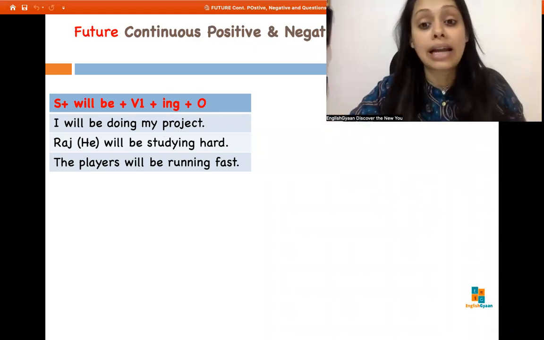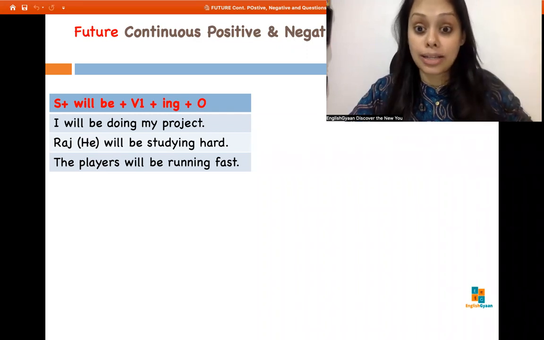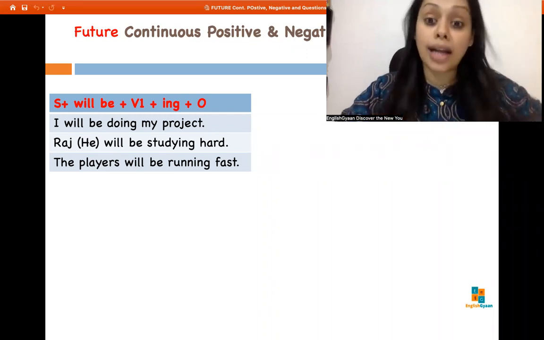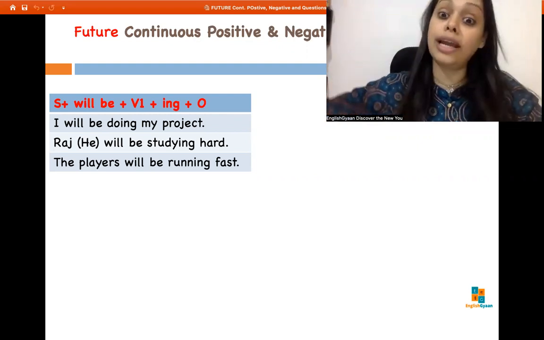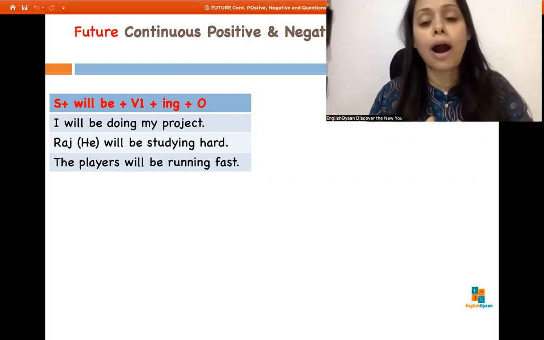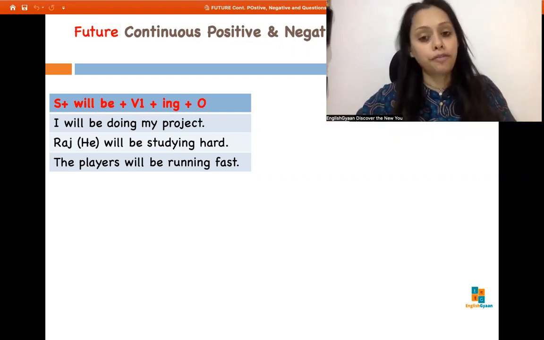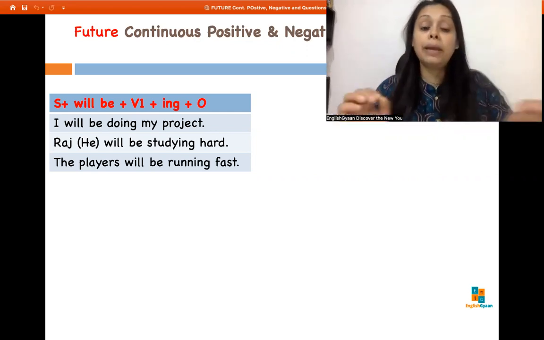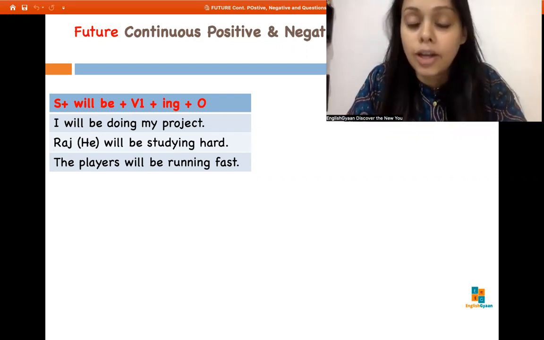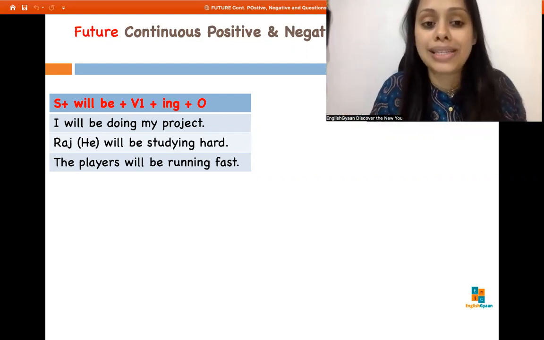Raj will be studying hard. Raj study hard कर रहा होगा. The players will be running fast. दौड़ रहे होगे. So it's all about a guesswork prediction about the future. I will be doing this. I will be doing that. So will be plus ing is the highlight to frame a future continuous statement.